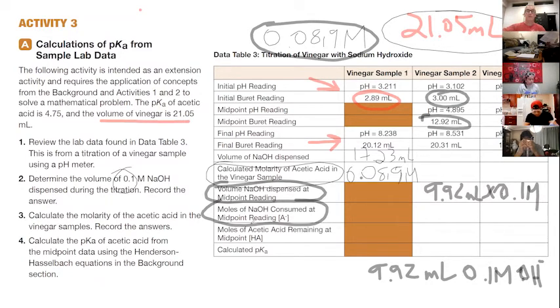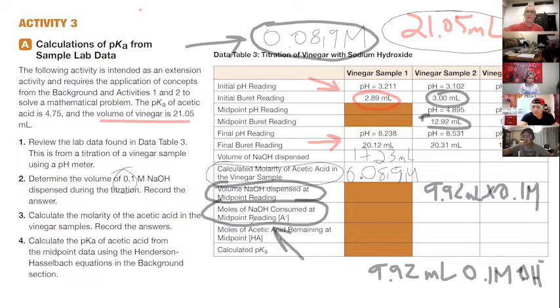Now, from the concentration that you figured out already, 0.0819 molar, you figure out how much of the acetic acid would be remaining.